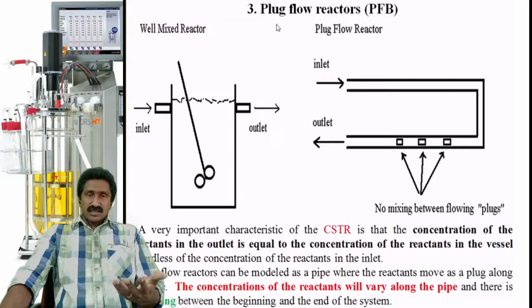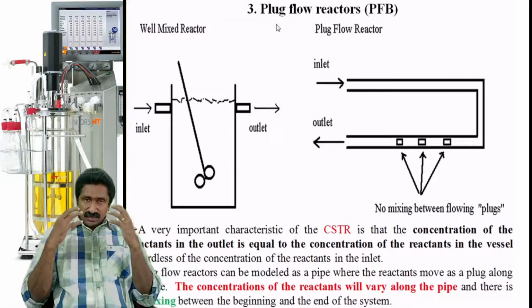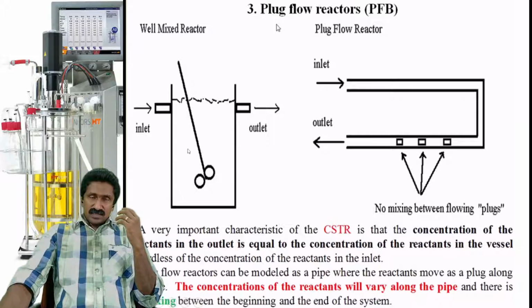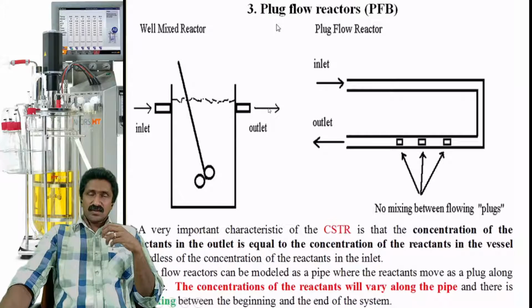So CSTR or stirred tank systems will have uniform mixing, and the contents of the medium which is available in the tank will be taken out. So the outlet has the same concentration of reactants as that of the tank.